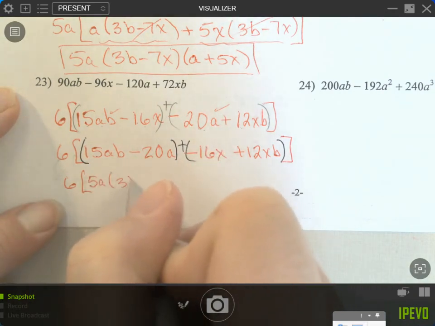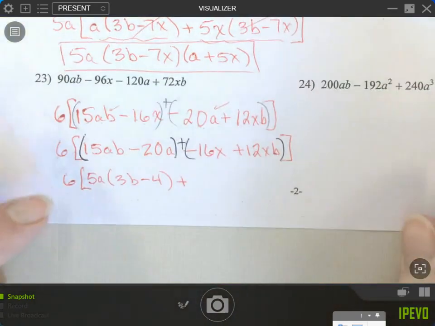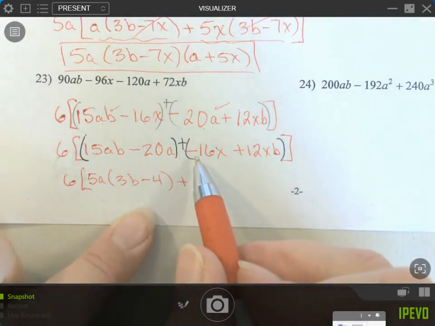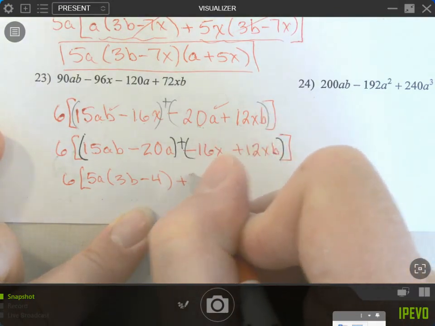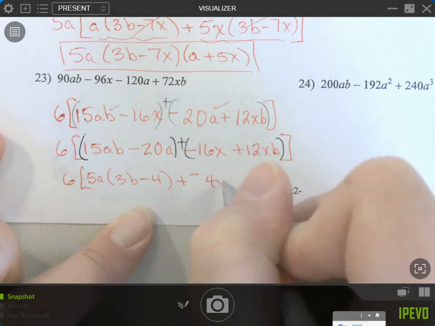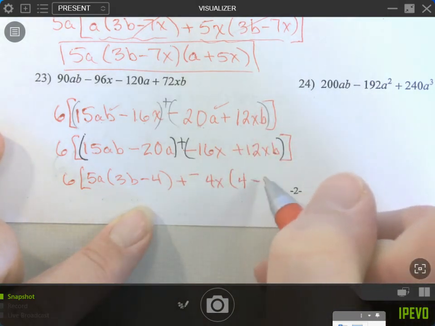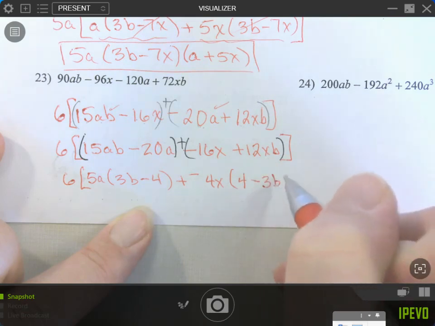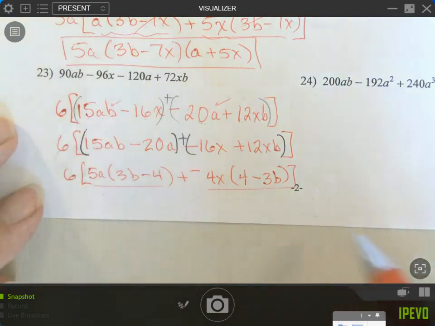What's left is 3B minus 4 plus, okay, now here's the deal. This front term is negative, so I was thinking about taking a negative number out. Let me do that. I'll take out a negative 4x. What's left is going to be a positive 4 minus 3B. So are these the same things?